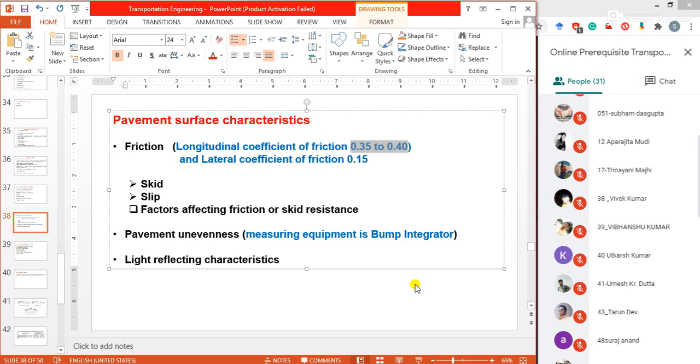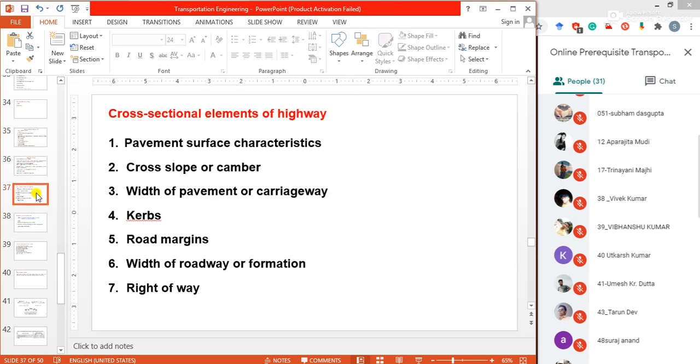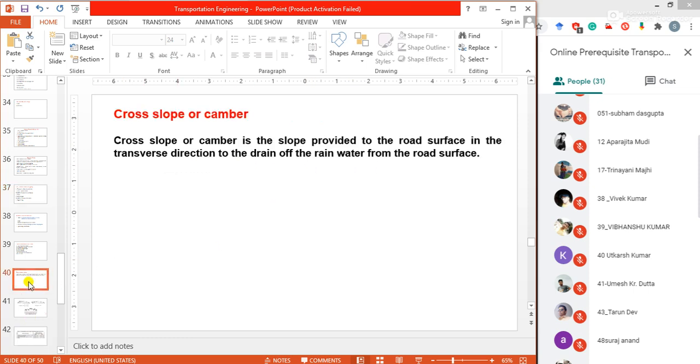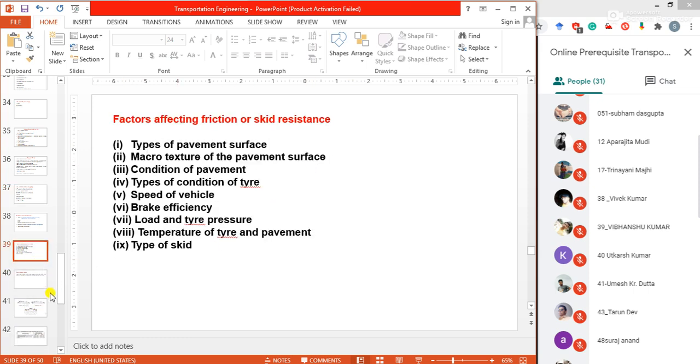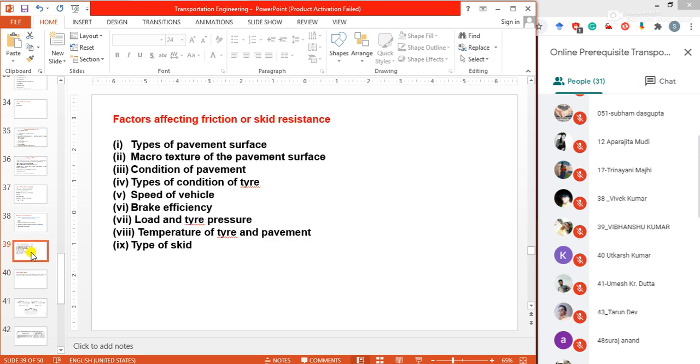Next is cross sectional elements. Under cross sectional elements, that is pavement surface characteristics, this is the pavement unevenness.